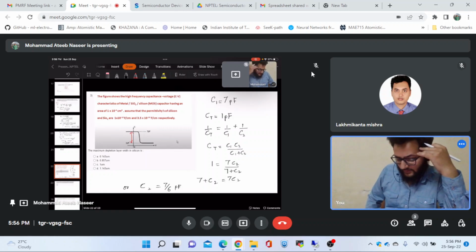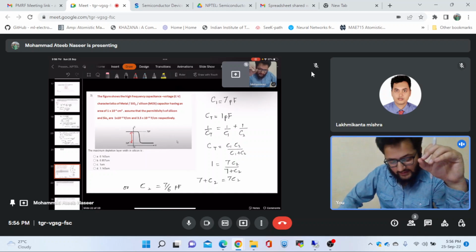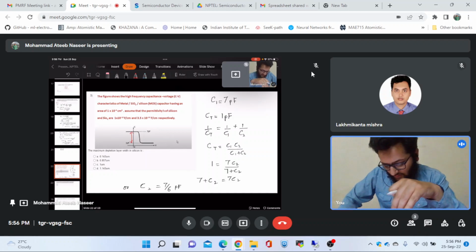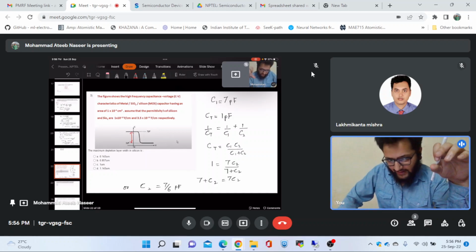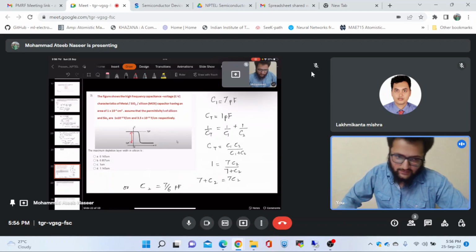Okay, now this is fine, because the capacitance is much closer to the value of 1. That's why I was getting confused, as this value would not have come close to 1, it would have come much less than 1.